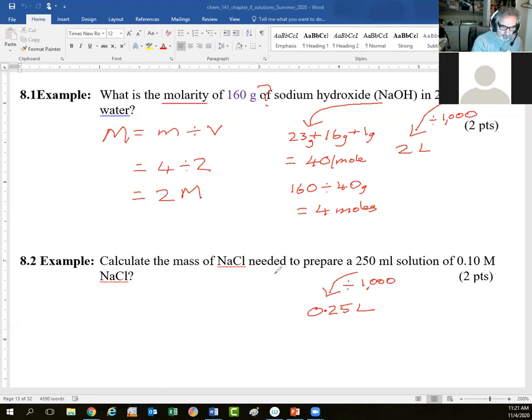Now we can't work out the mass directly from our equation, but we can work out the number of moles. We've got the molarity times the volume to give us the number of moles, and that will be 0.1 times the 0.25. So 1/10 of the 0.25 comes to 0.025 moles.